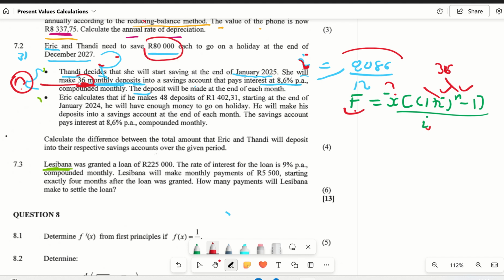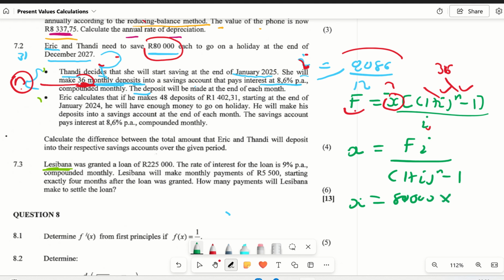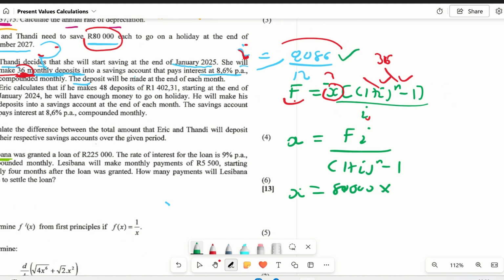Remember that Tandy wants to accrue her savings to 80,000 because each of them has to pay 80,000. So that means you are able to find the X there, and we know the formula for X. We'll make it the subject of the formula. It is that. We've done that last week. Then we go X is equal to 80,000, which is what she's saving towards, and then our i, we've already established it there.